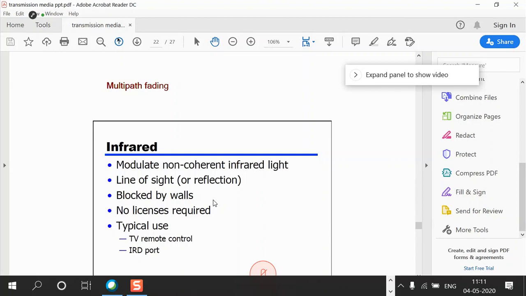I give an example of IRD port. TV remote control is an example as well. Normally used for communication indoors because it's a very short communication, a few meters. It does not support outside. Have you seen any infrared being used outside? No, because the sun would alter the infrared. The sun shining brightly would alter the infrared signals moving across.